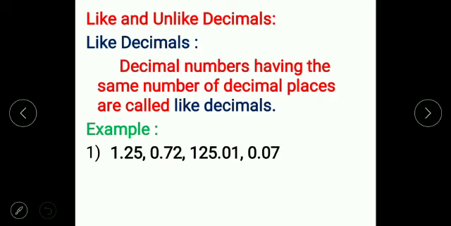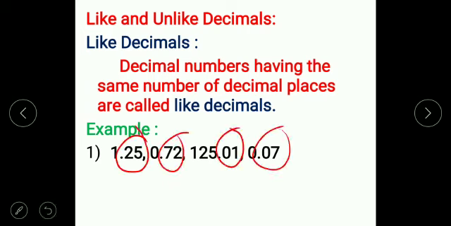There are four decimals here. Check that in each example there are two digits after the decimal point. That means the decimal numbers have the same number of decimal places. That's why these are called like decimals.